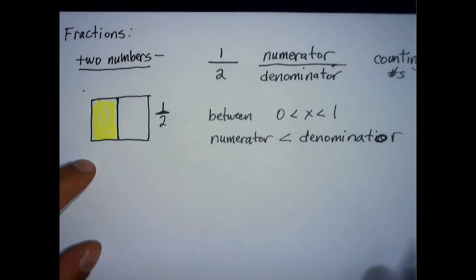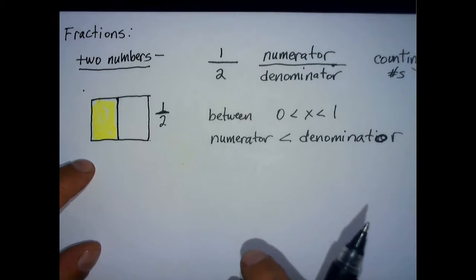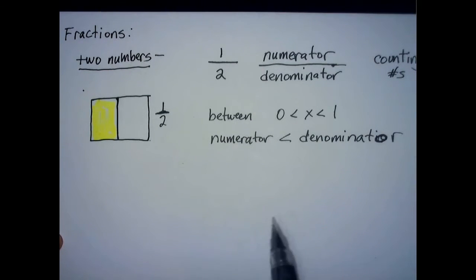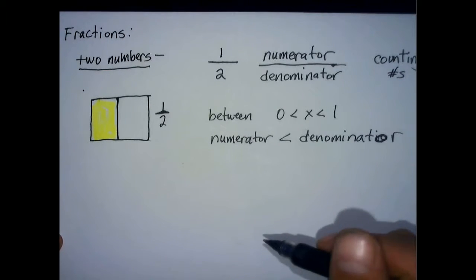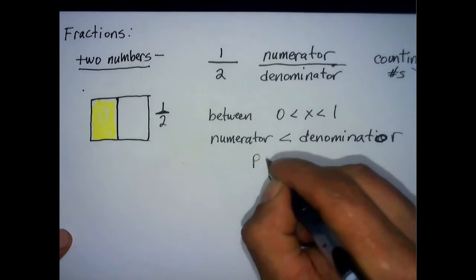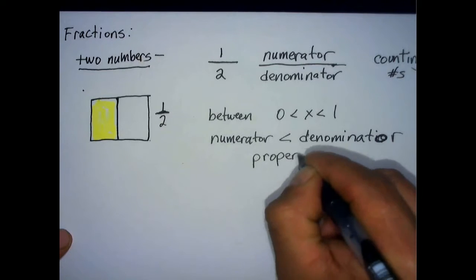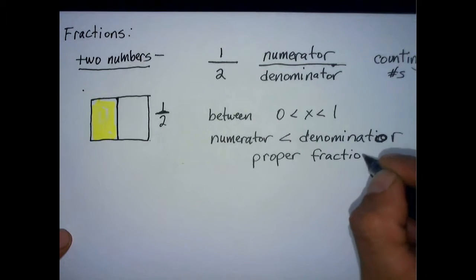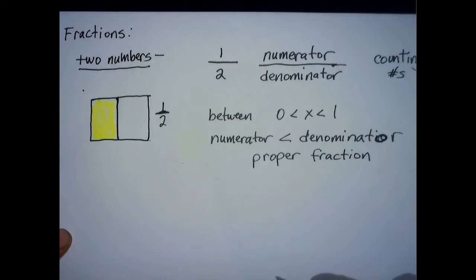Welcome to I Can't Spell with Josh. The numerator is smaller than the denominator in this case. This is what we refer to as a proper fraction. 2/5, 3/4, 4/5, 1/2, 1/3, 1/4, a quarter, a dime is a tenth, 1/10. Proper fractions.